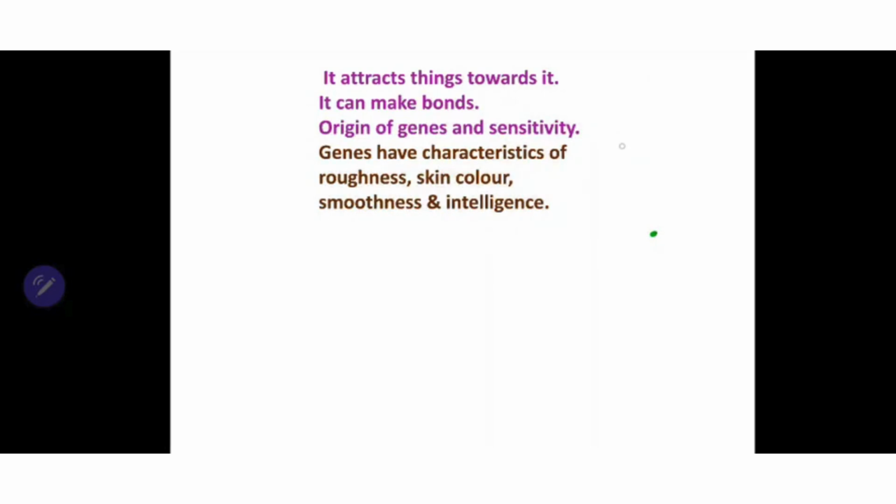The scientists know that genes are the building blocks of plants and beings, and this is where the genes originated. And also we know that the genes show the characteristics of roughness, skin color, smoothness, and intelligence.